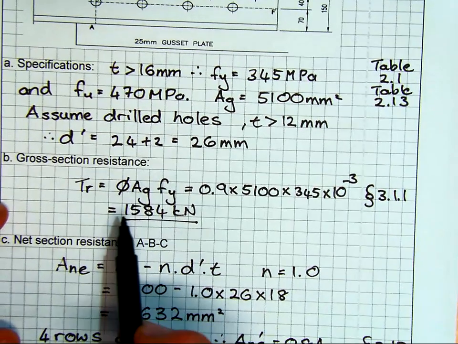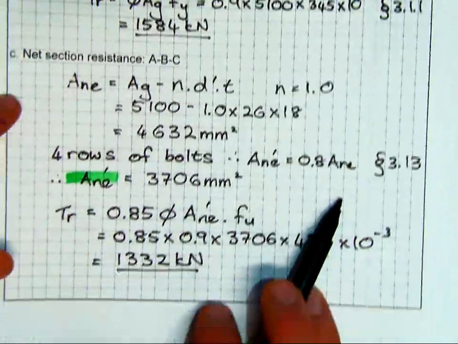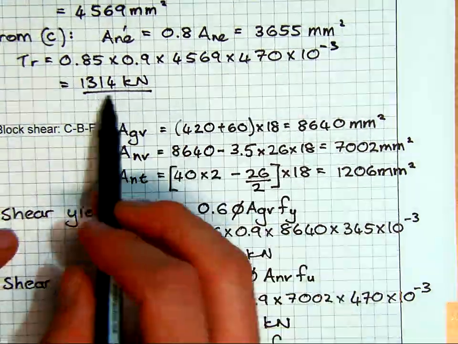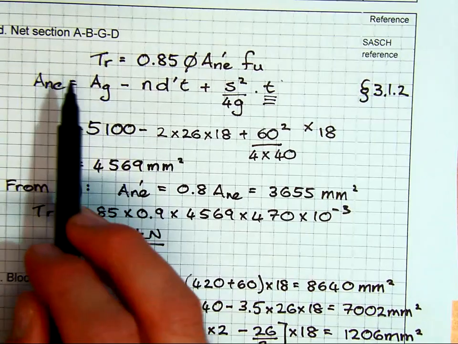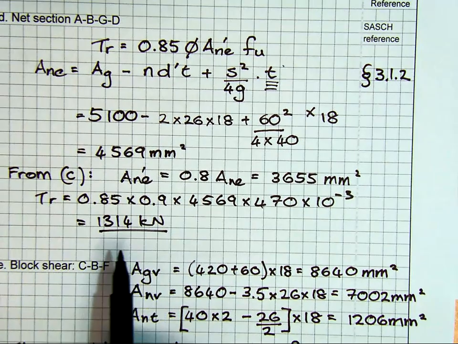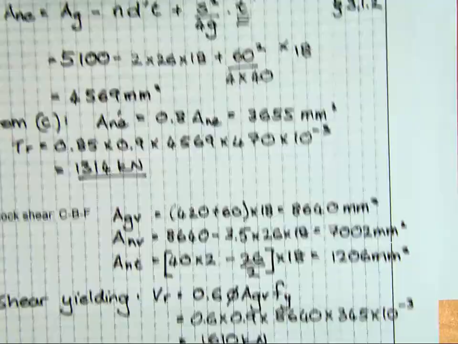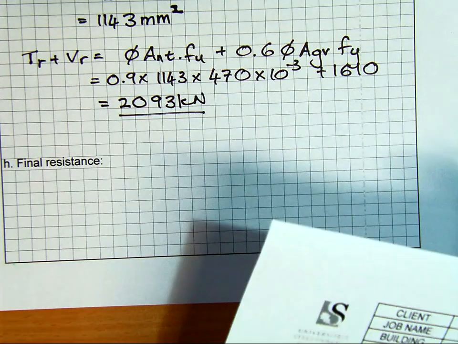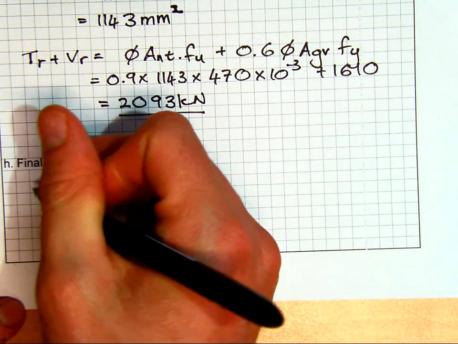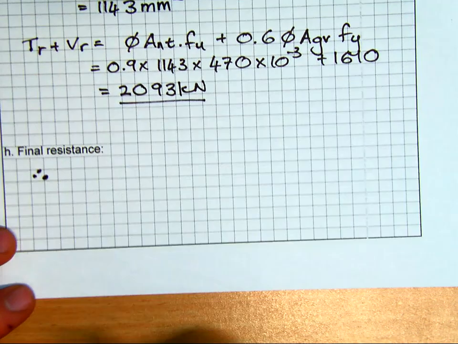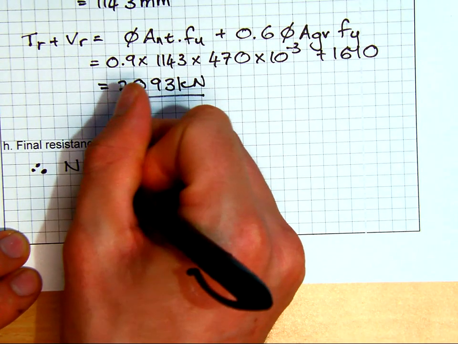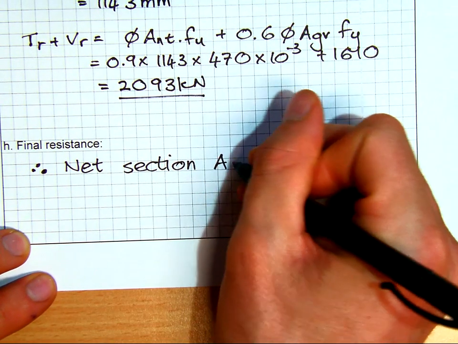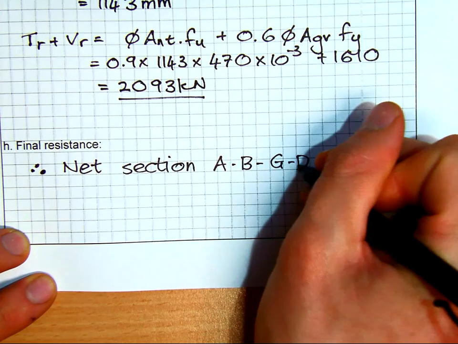We had our gross section of 1584, our net section of 1332, net with shear lag and net section ABGD, that's 1314, and then block shear and block shear, etc. So of all those different failure mechanisms, what we find is therefore net section A to B to G to D governs.